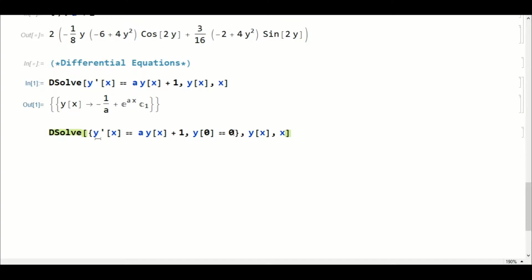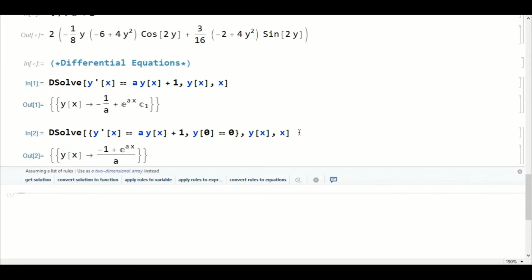So you can see that I have written inside the curly bracket first the expression, then the initial condition, then again the dependent variable, and then the independent variable. And let me solve it.